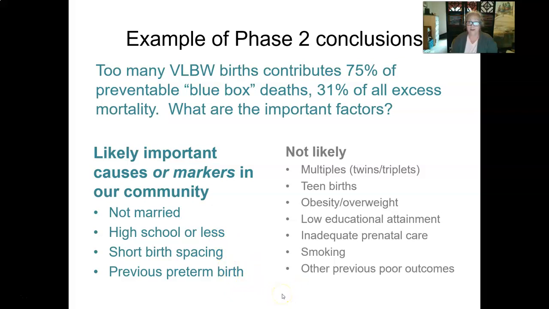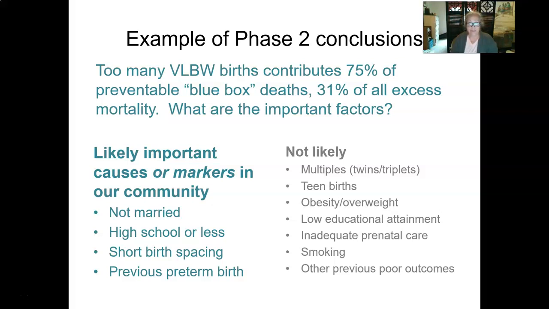Now, some of these are not really causes. We don't think that if people got married in the hospital birthing room that their problems would be over. We do think that they are markers. They represent a population and a bunch of social circumstances that are different from place to place. So we would need help from the community to interpret the meaning of factors like these.